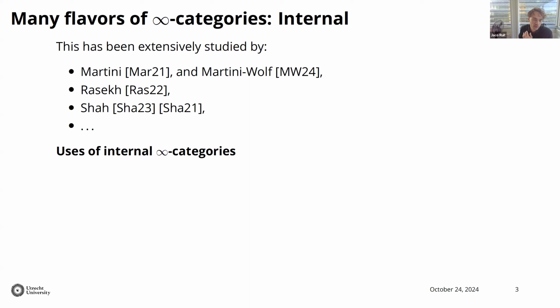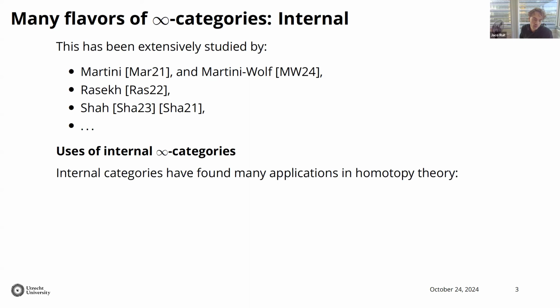So also internal infinity categories have found applications, especially, or I would say only in homotopy theory, actually. So it's been applied in equivariant homotopy theory, where you do not work internal to spaces, but instead you work internal to G-equivariant spaces, where G is some group.